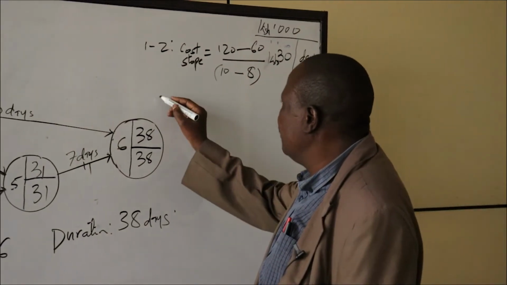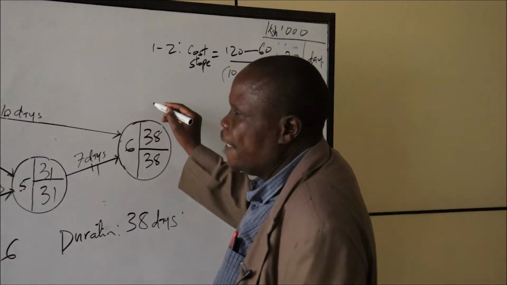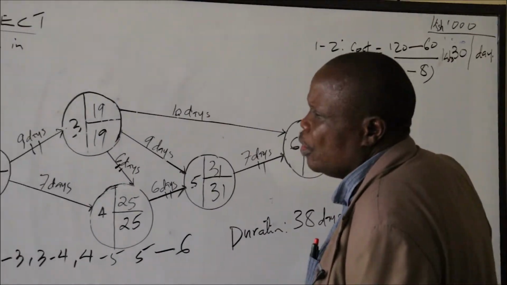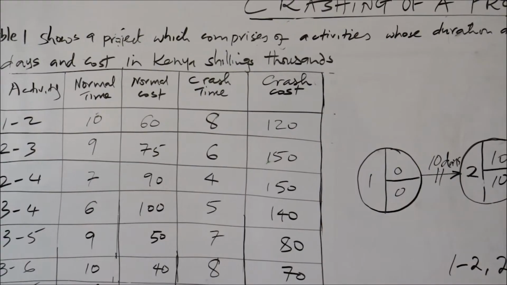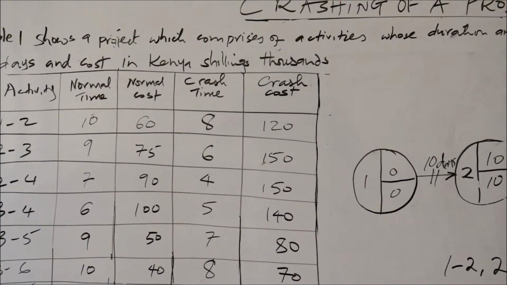Then activity, the next activity is 2 to 3. The cost slope is 150 minus 75 all over 9 minus 6.